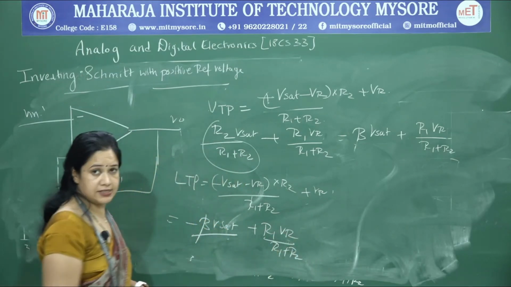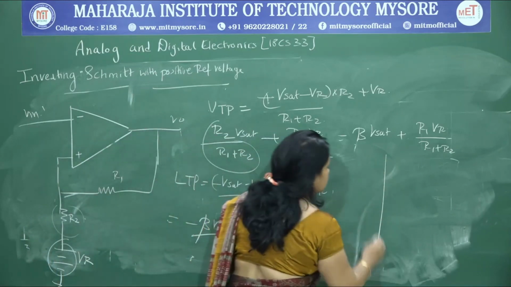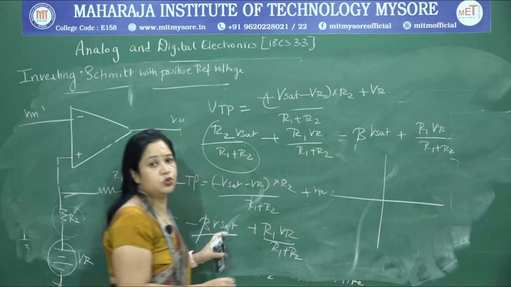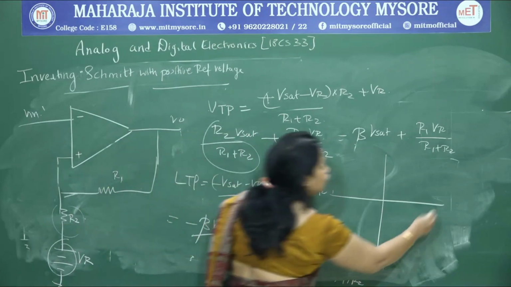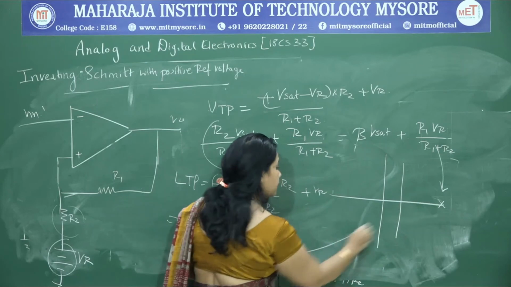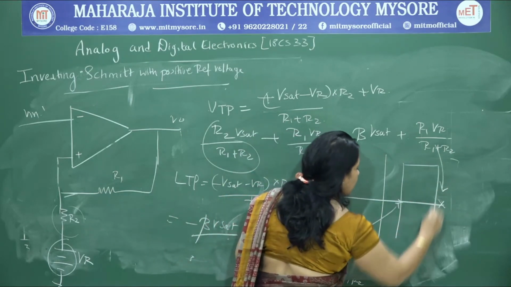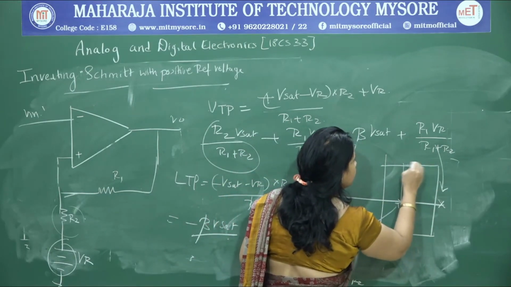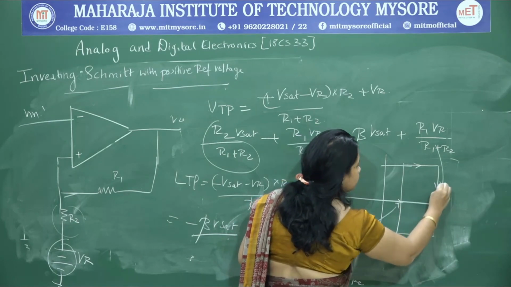So you can write a hysteresis curve corresponding to this UTP and LTP. Your UTP corresponds to this value and your LTP corresponds to this point, and you end up getting a hysteresis curve something like this.